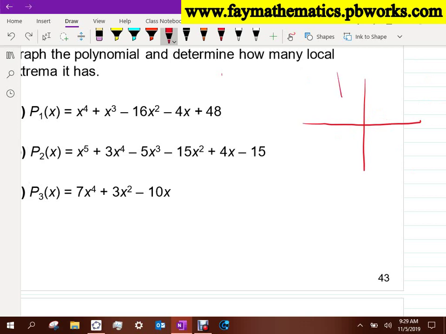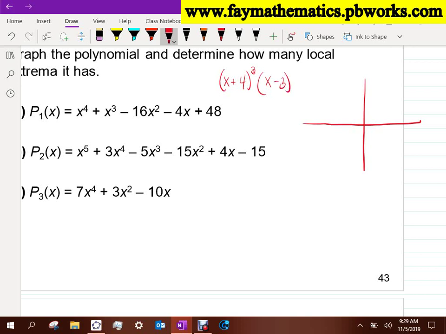Can I have 1? If I have x to the 4th, doesn't x to the 4th look something like that? Okay. You can also graph one of these where, so let's say I have like x plus 4 cubed times x minus 3.